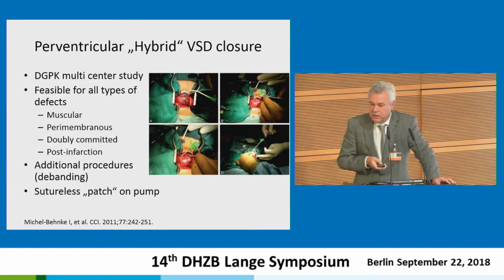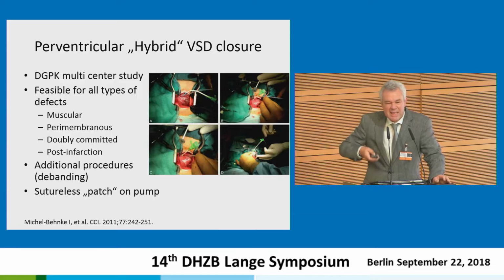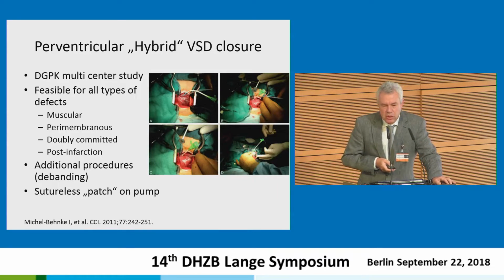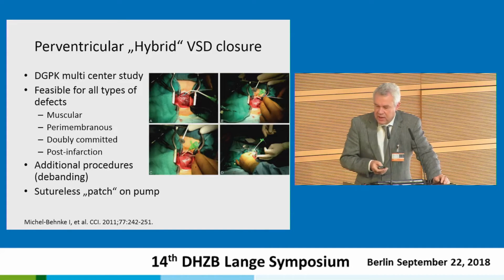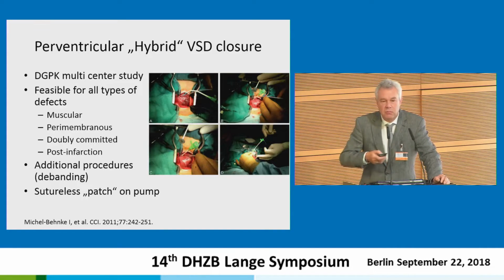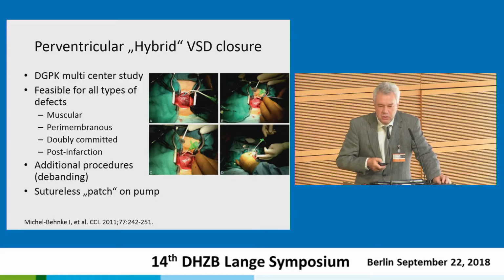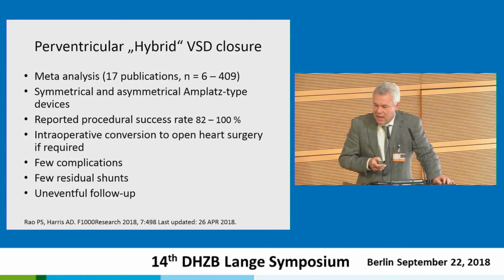You can put it in muscular defects, perimembranous, doubly committed, and post-infarction VSD, or you can do it as a sutureless patch in more complex surgery, where you put in the device instead of a patch, and additional procedures can be performed at the same time. So the question is not how to do it, the question is whether it is helpful.